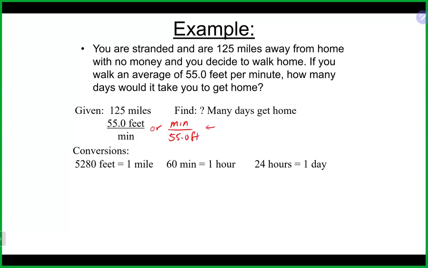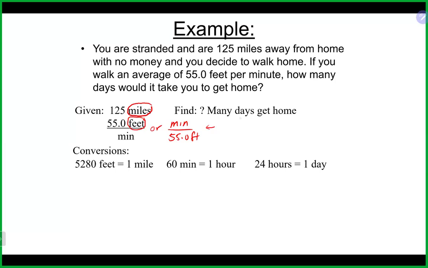The problem we do have, though, is that the distance is in miles and this one's in feet, which means they're not going to work great together. So you have to do some type of conversion. You could either convert the miles to feet, or convert the feet to miles. Whichever way you want to do it will work. I'm personally going to convert the miles into feet and then just use the feet per minute like it is, and then everything will work out.